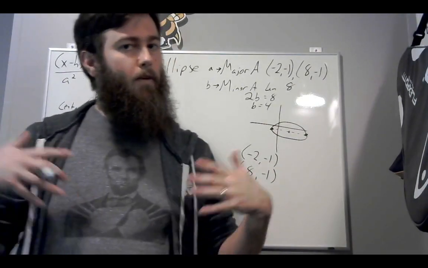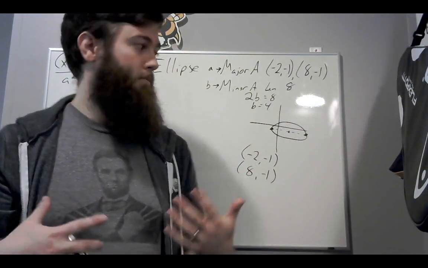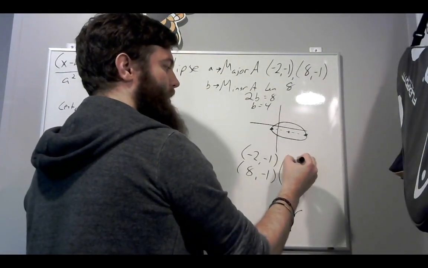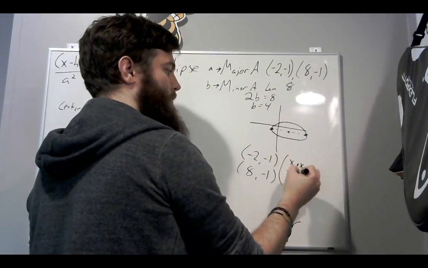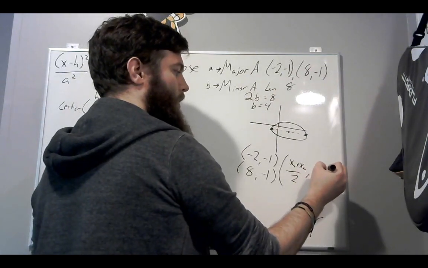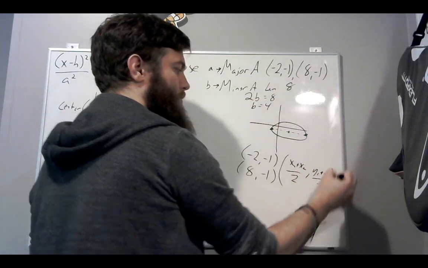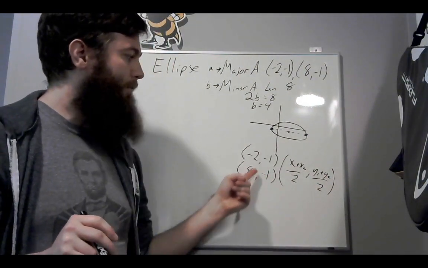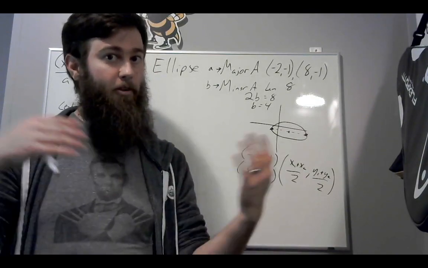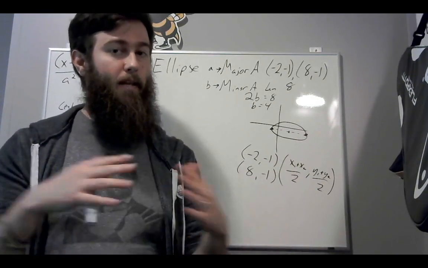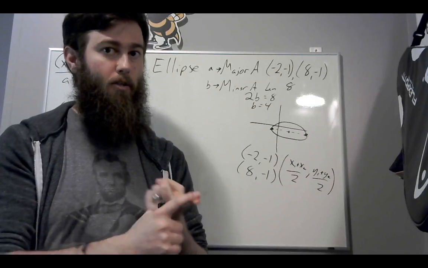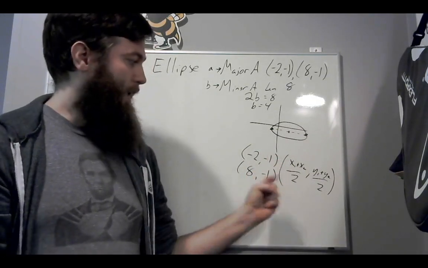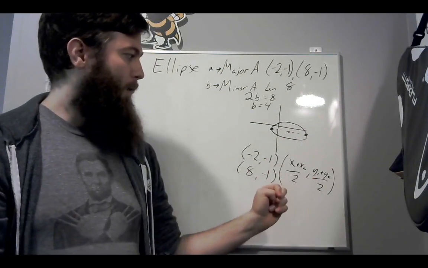If you remember your midpoint formula, which you do, that is x1 plus x2 over 2 and y1 plus y2 over 2. I'm literally just taking the average of my x's and the average of my y's. To find the middle of something, to find the average, you add up all of the values and then divide by the total amount. I have 2 x values, so I'm going to add them together and divide by 2 because I had 2 of them. Same with my y values.